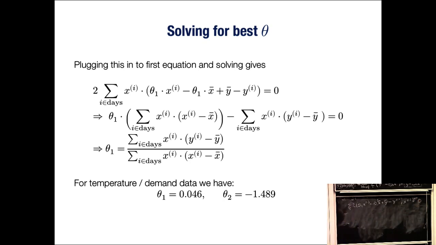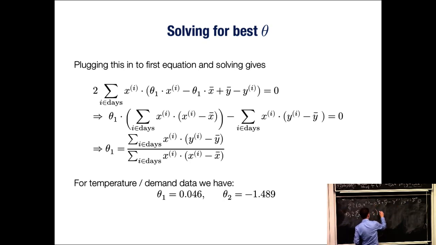So now I do the same thing, right? I group all the terms that depend on theta 1 together. So what I'm going to get is theta 1 times 2 sum over all i of xi times (xi minus x bar). So these are the terms that depend on theta 1, right? They all multiply by theta 1.